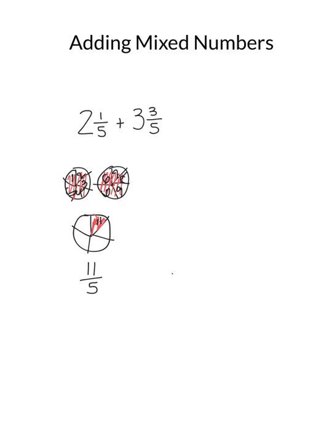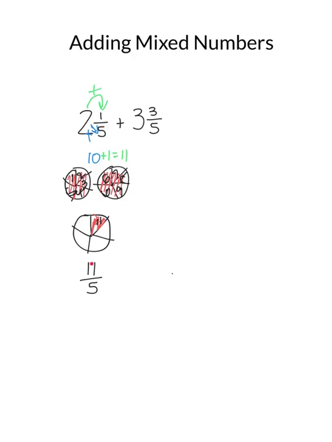Here's a trick that will work to help you do this quickly without having to draw a picture every time. I can do this whole number times the denominator. So 2 times 5 gets me 10. Then I take this number and I add the numerator. So I have 10 plus 1 gets me 11. And then I'll keep the denominator the same.